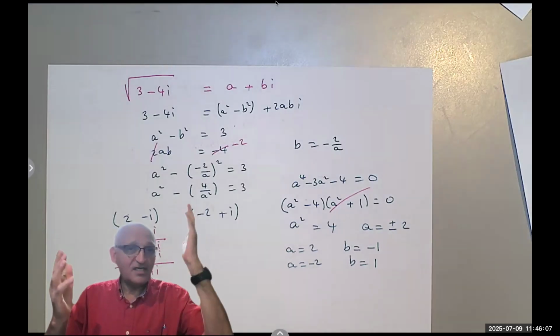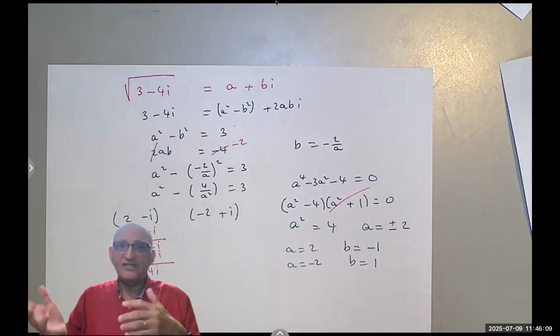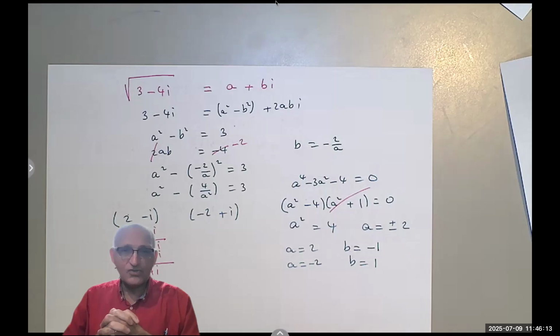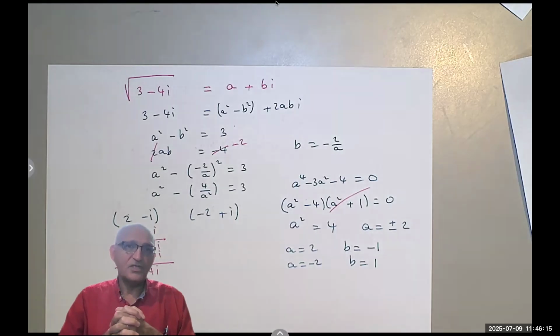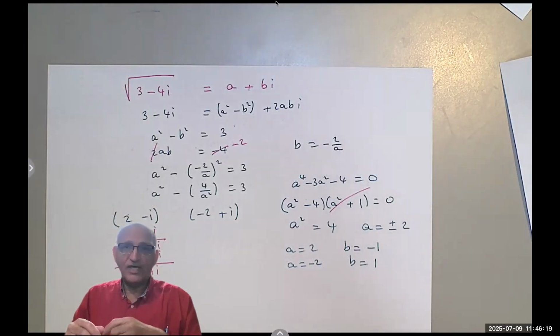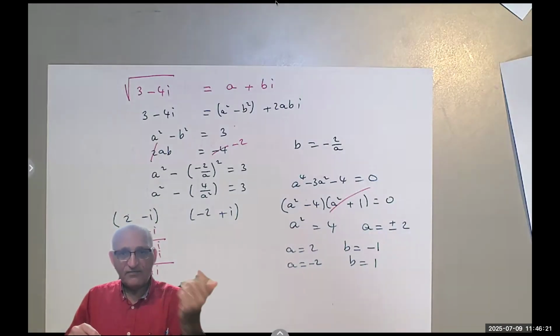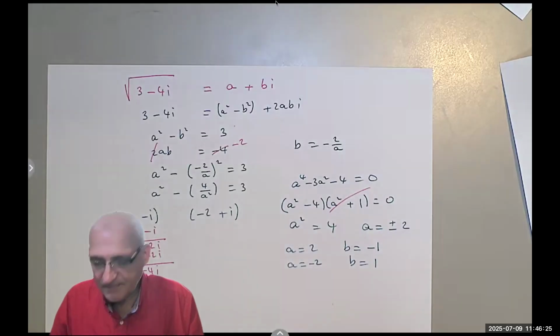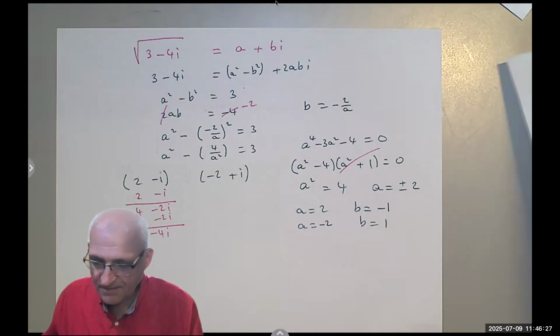If you are taking a fourth root, then you have 0, 90, 180, and 270, or pi over 2, pi, 3 pi over 2, and so on. Here we had a fifth root, so we had to go 2 pi over 5, 4 pi over 5, 6 pi over 5, and 8 pi over 5, along with the real.